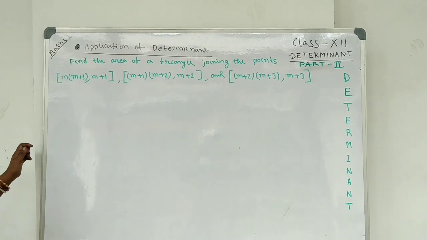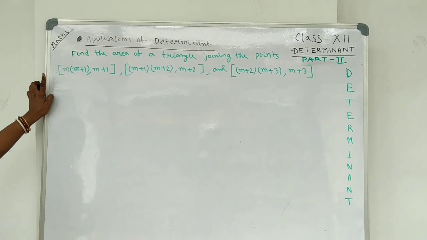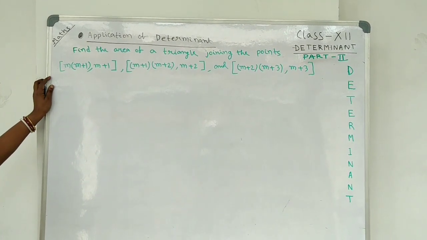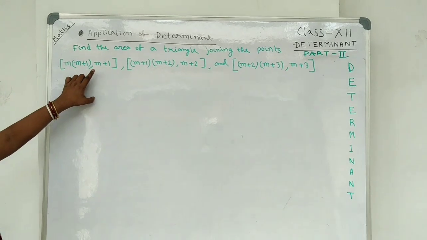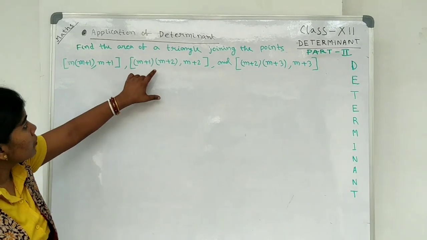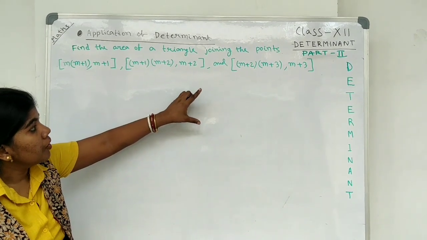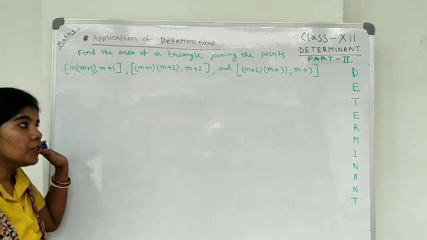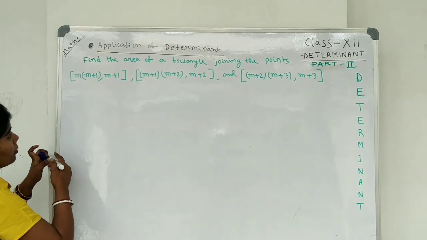Okay. Now there is one more example, that is find the area of a triangle joining the points m into m plus 1, comma m plus 1; m plus 1, m plus 2, comma m plus 2; and m plus 2 into m plus 3, comma m plus 3. We will do the sum using determinant.